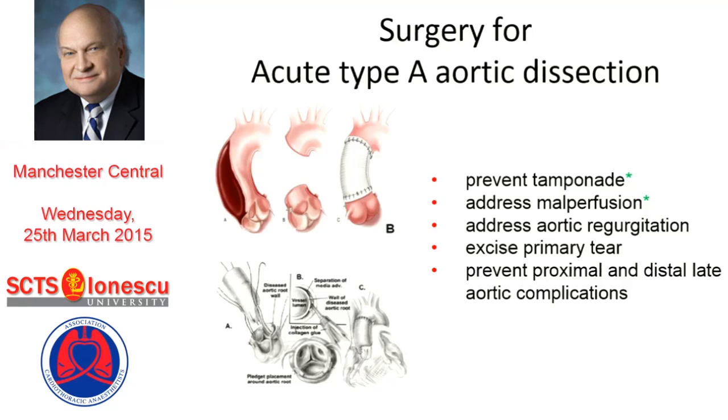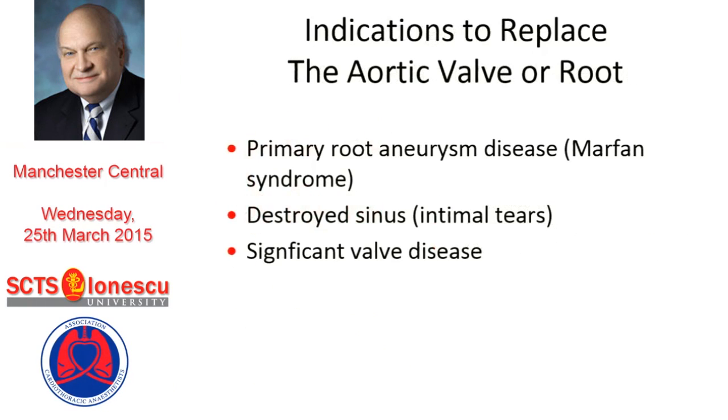And this will not really be the subject of the discussion, but rather when should one intervene on the aortic root. It's very easy to create a slide like this that lists simple indications. These obviously include primary root disease such as Marfan syndrome, Loeys-Dietz syndrome, some cases of bicuspid aortic valve, and when the aortic root is massively dilated, and probably more than 4.5 centimeters at the time of dissection would qualify that.